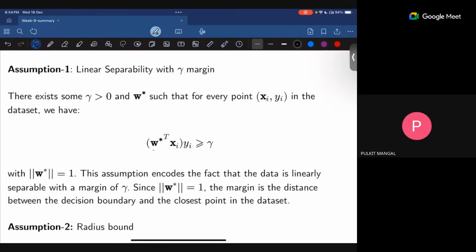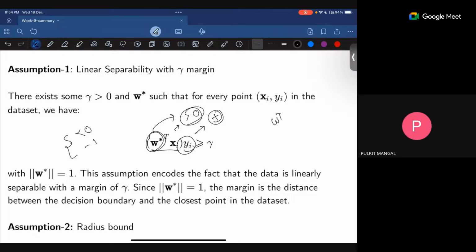If W transpose Xi is greater than 0, that is, it is positive, and the label is also positive, then it is correctly classified. And if W transpose X is negative and its label is also negative, then this negative and this negative become positive, so it is also correctly classified.